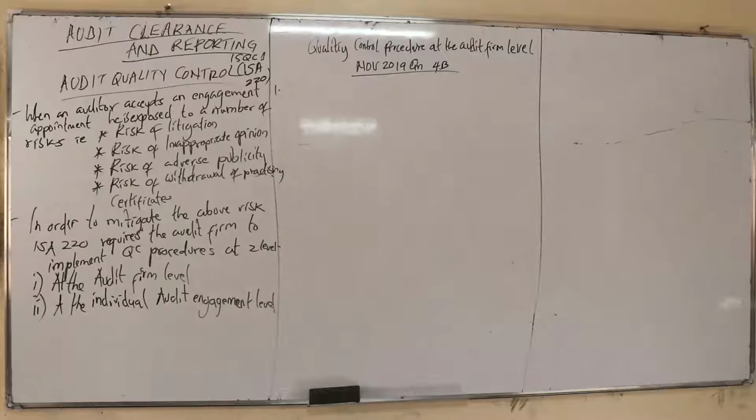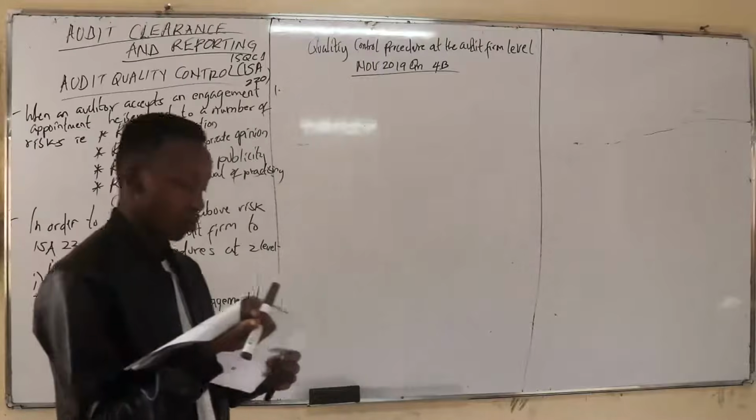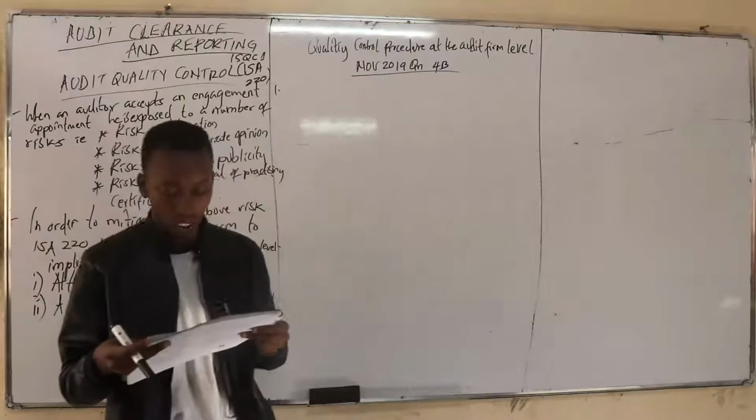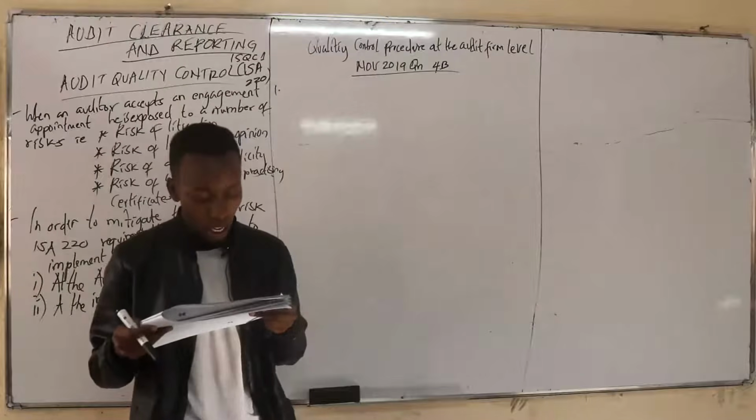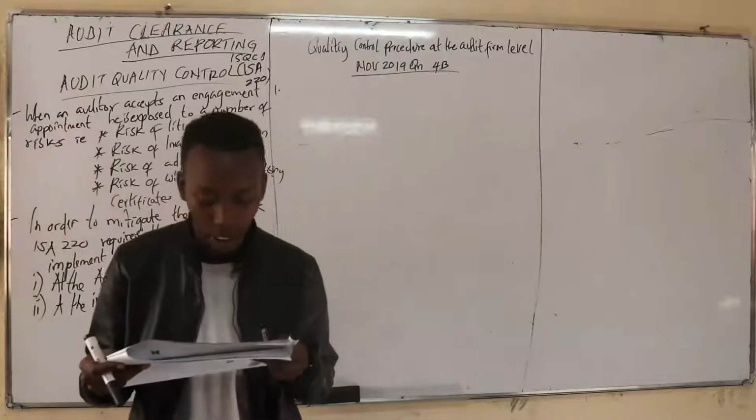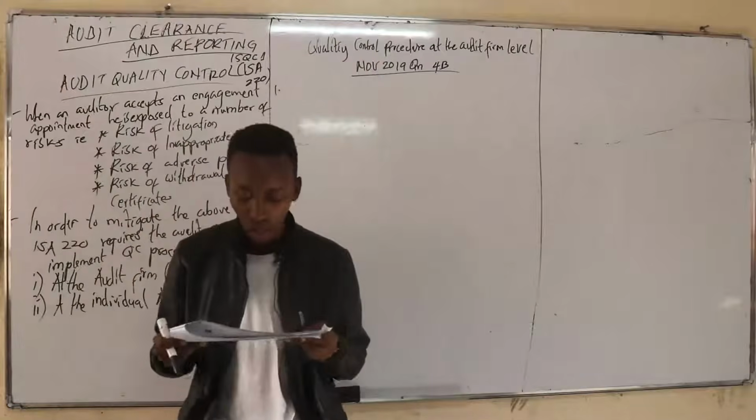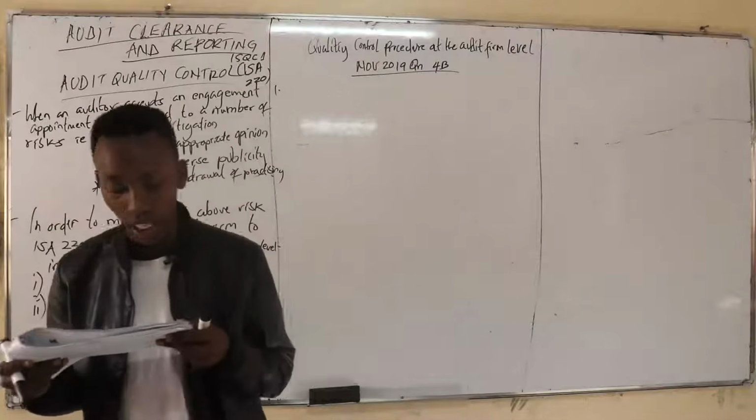So you're told ISA 220 quality control for an audit of financial statements requires an audit firm to document and implement a system of policies and procedures to ensure audits are conducted in accordance with ISAs.